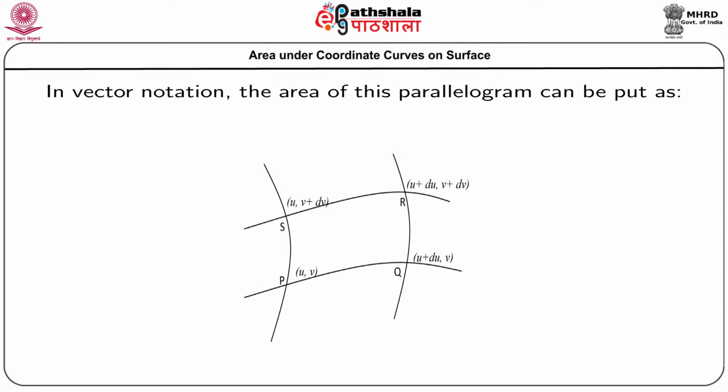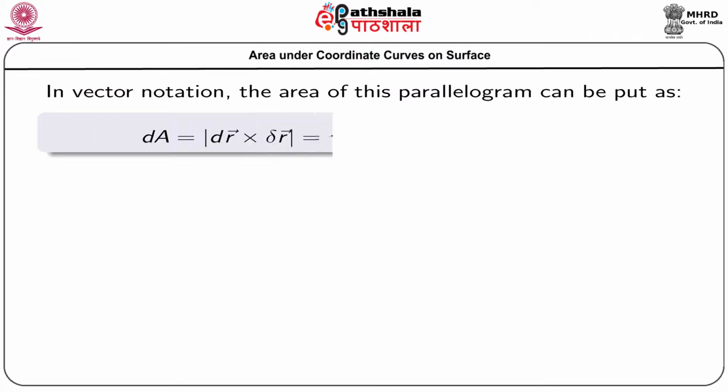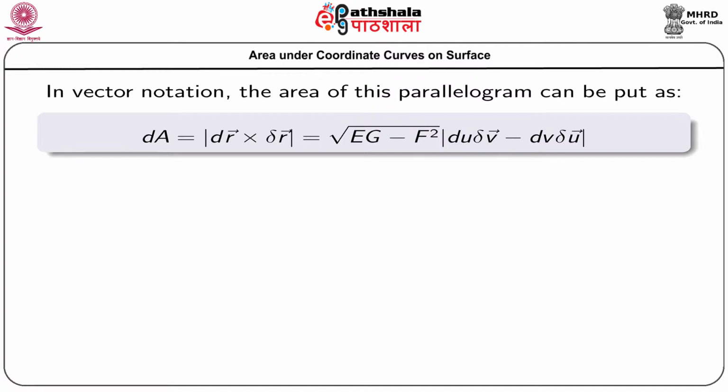Now, for this area, from the given figure, we can see that there are parallel U curves and parallel V curves, and if (u, v) is a point on the coordinate system, then its neighboring points are (u plus del u, v), (u, v plus del v), and the other point is (u plus del u, v plus del v).